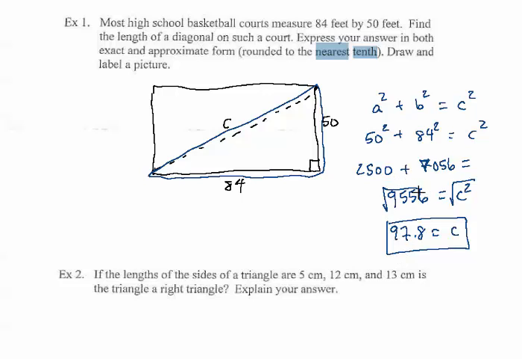This square root of 9556, that would be our exact answer. So this is approximate, and then if you were asked to give an exact solution, you would just say c equals the square root of 9,556.